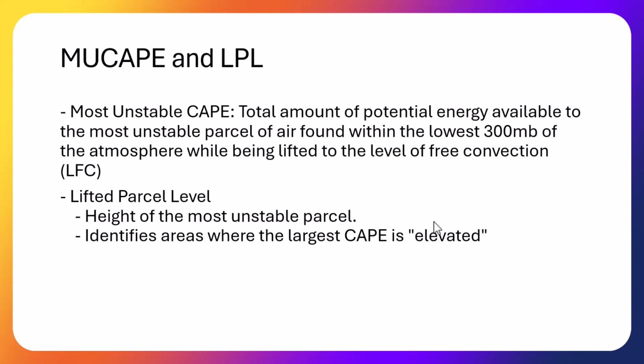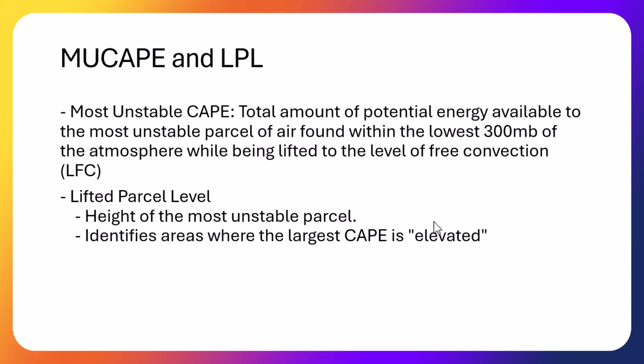There's also most unstable CAPE. It's just the total amount of potential energy available to the most unstable parcel of air found. It's just another way to look at CAPE values and the data. Also LPL, which is the lifted parcel level. This is the height of the most unstable parcel, how high that parcel is going.